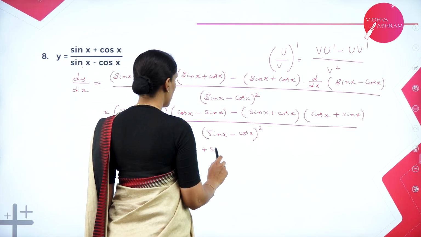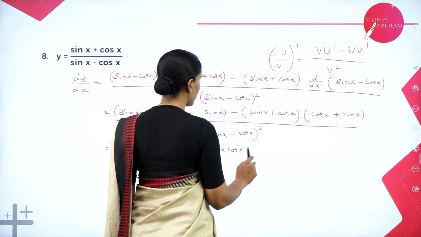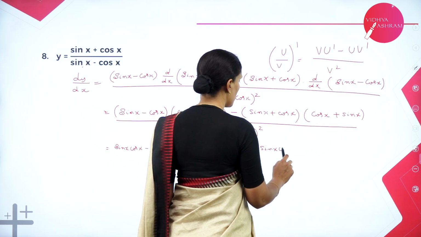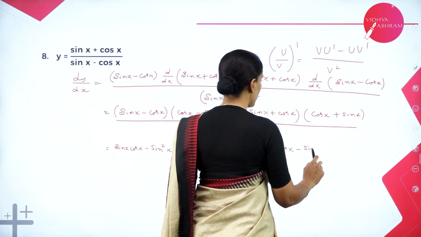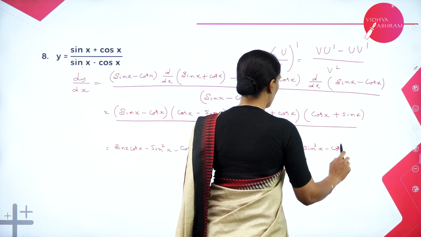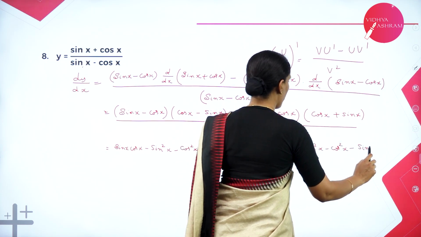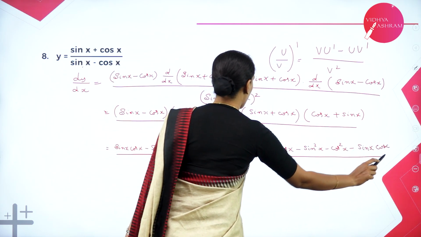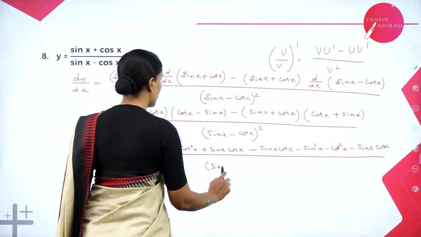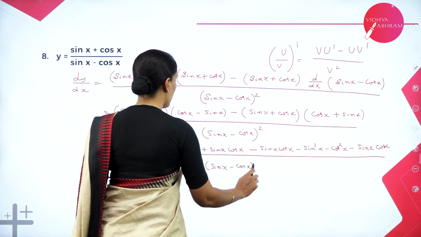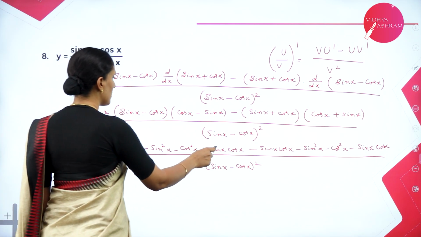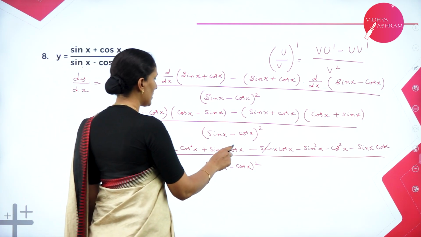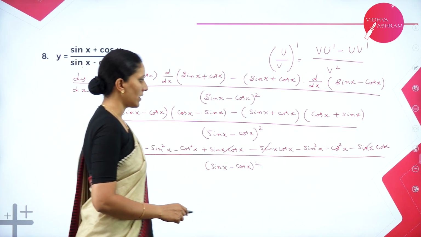Next we have sin x cos x minus sin x into cos x minus sin square x minus cos square x minus sin x into cos x whole divided by sin x minus cos x whole square. Sin x cos x minus sin x cos x cancels.